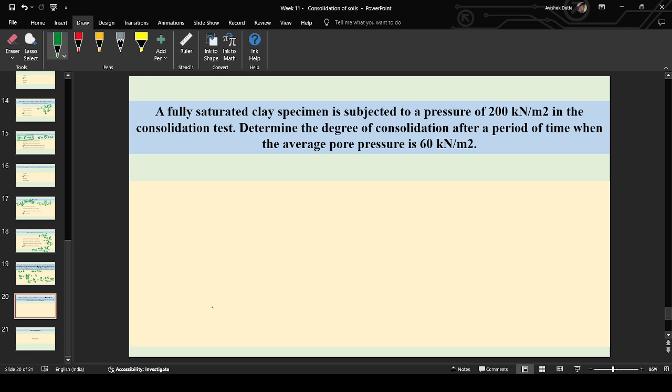But see, you are saying effective stress divided by total stress into 100. Okay. So then, at which stage are you considering this? Tell me. At one particular stage, how can you find the degree of consolidation with respect to the 100% degree of consolidation?